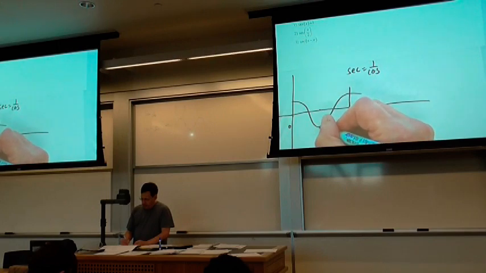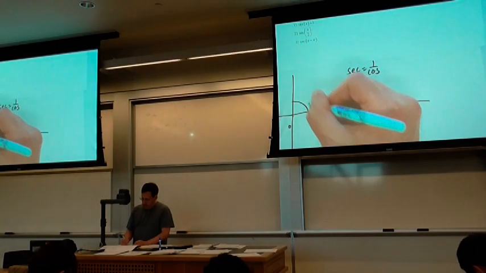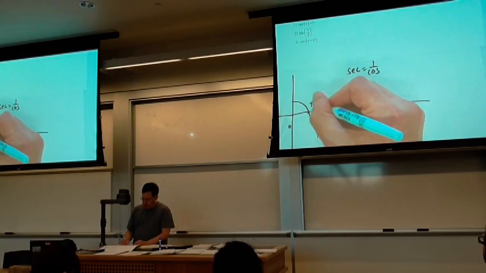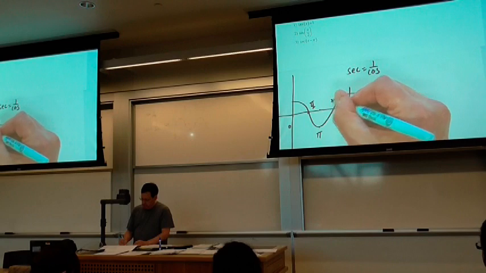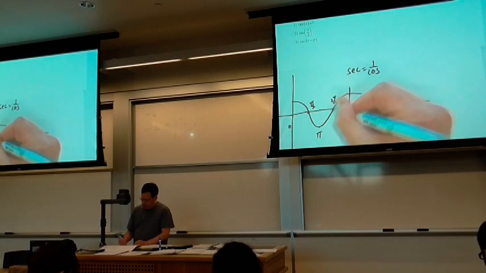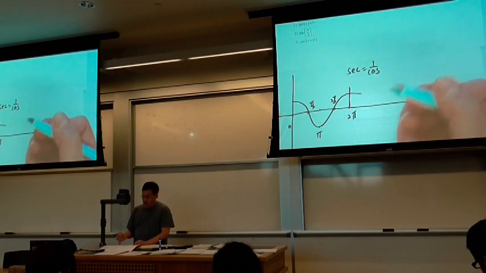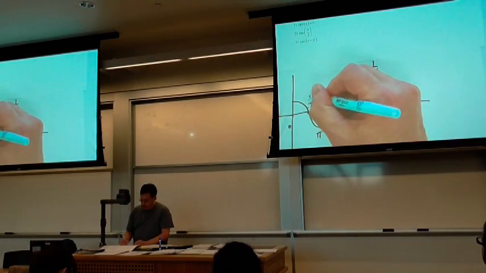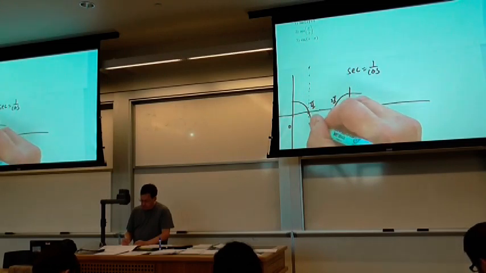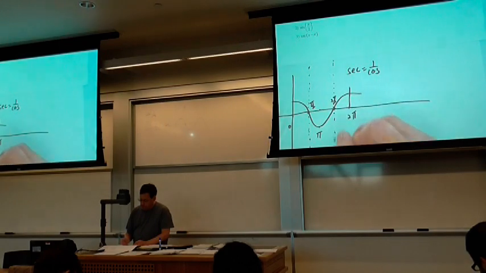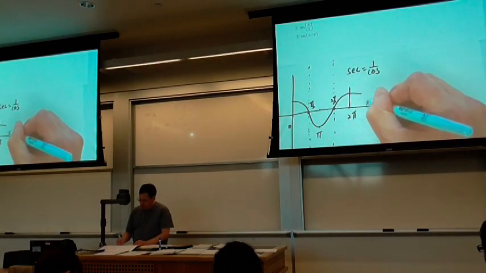It's going to have its minimum at pi, and it's going to cross the axis at pi over 2 and 3 pi over 2. Since that's where the cosine is 0, that's where the asymptote has to be. That's where the function's going to go off to infinity. And of course, that'll repeat over here, too.